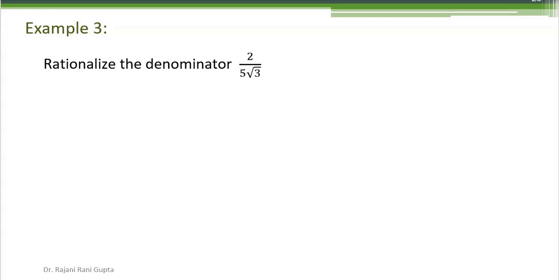Here, you have to rationalize again the denominator, and you have 2 over 5 root 3. What you see here, you have a number other than the surd, so no need to worry about it. You simply apply the same concept as in the previous question. Multiply by root 3 up and down. Don't worry about this number.